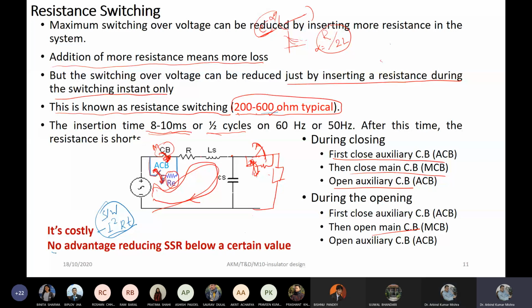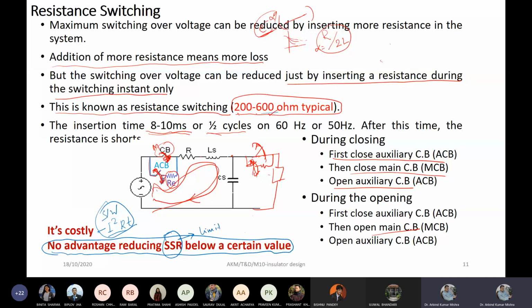But if we see very cautiously, then you can think about an added point, because what does it mean? That we cannot reduce the switching surge ratio below a certain value. There must be a limit.